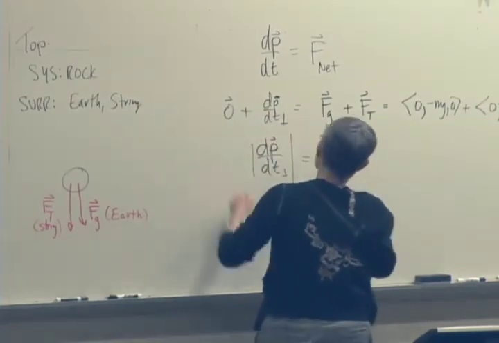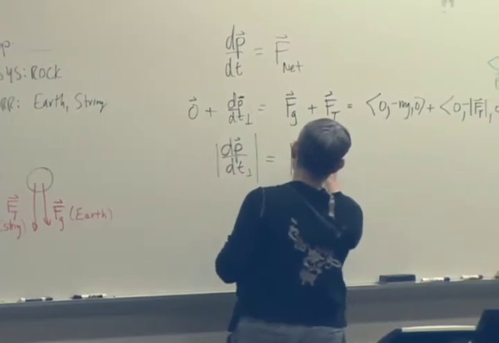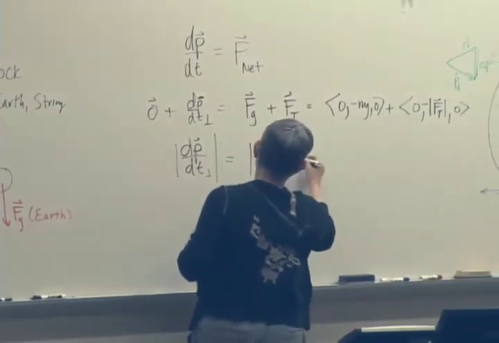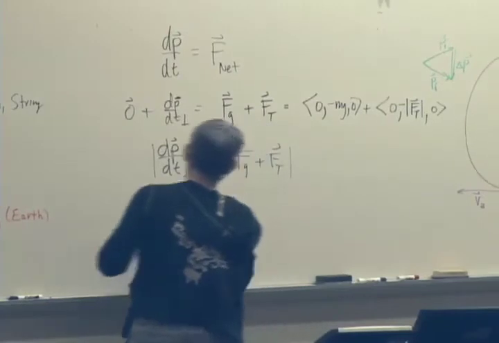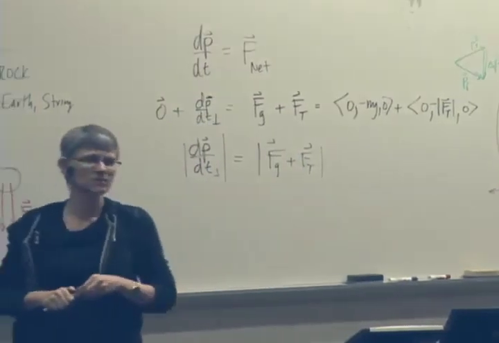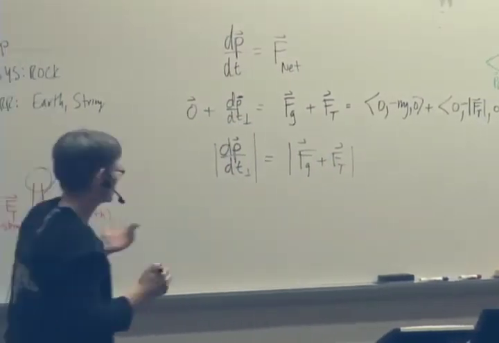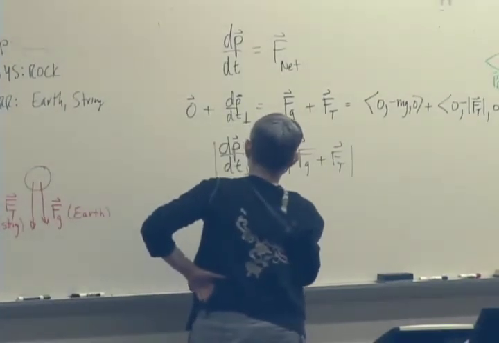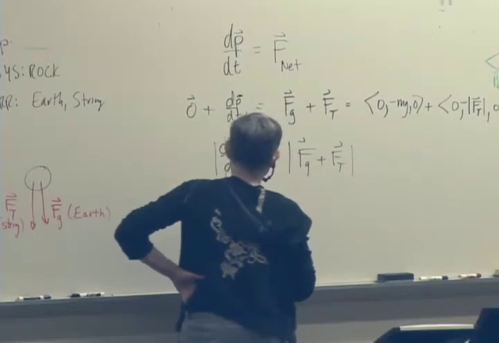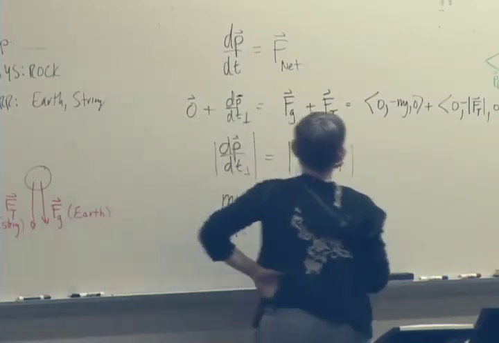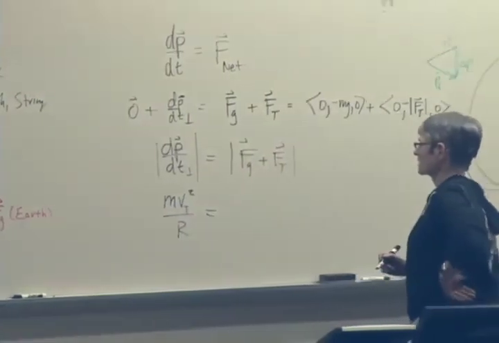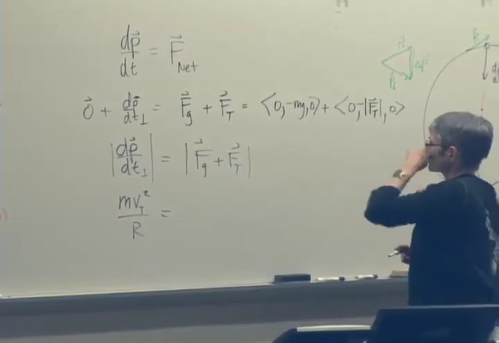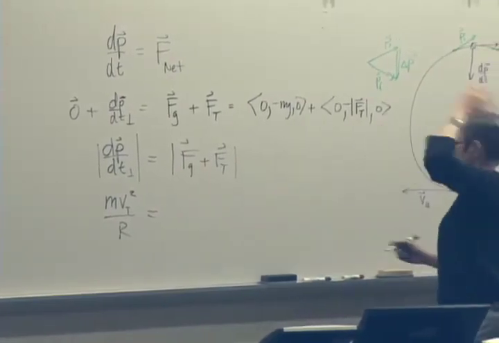So we have the magnitude of dp dt perpendicular is the magnitude of the sum of these two forces. And what's the magnitude of dp dt perpendicular? mv squared over r. So m V top squared over r is equal to the perpendicular component of the forces, which is that.